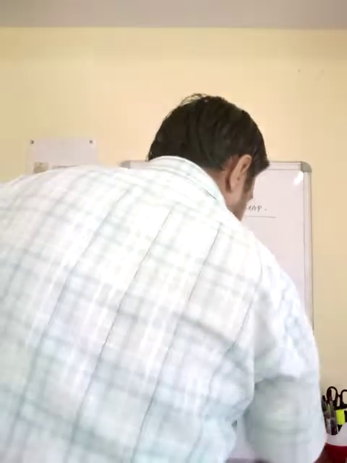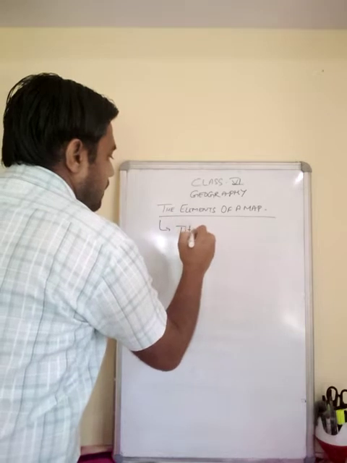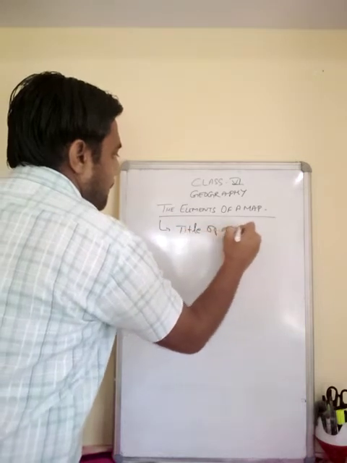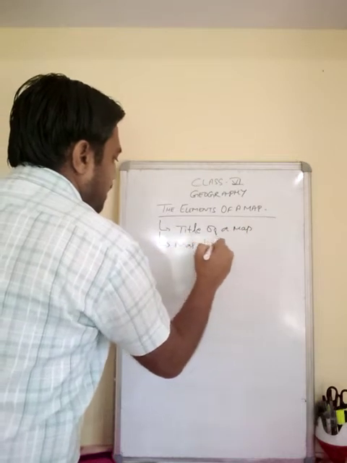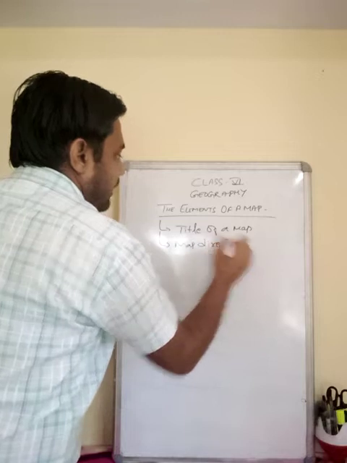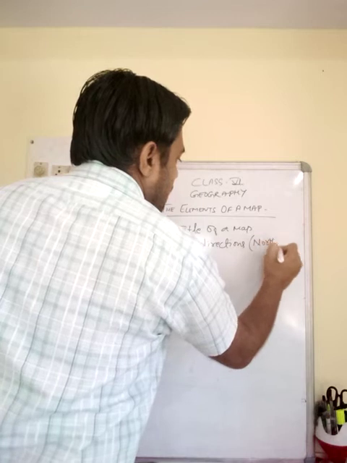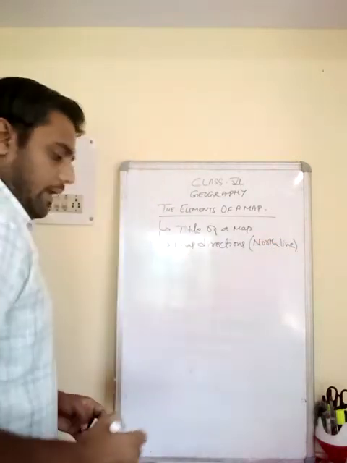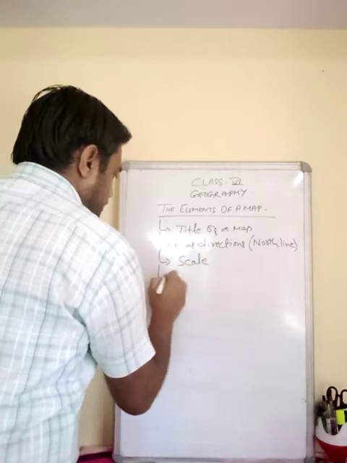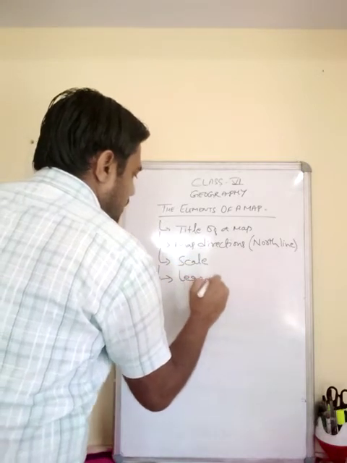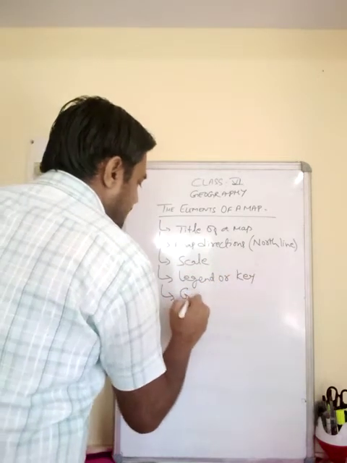So under elements of a map, dear children, we will be learning about title of a map, map directions. In map directions in particular we will be learning about the north line. Then you have scale, you have legend or key, and then you have grid system.